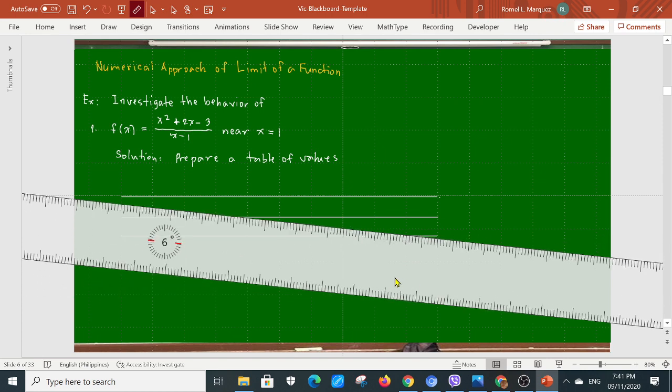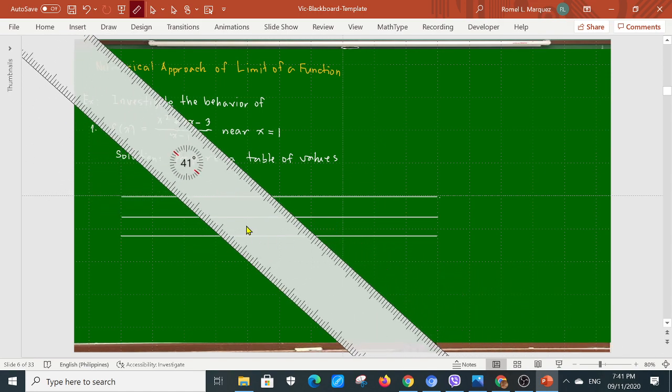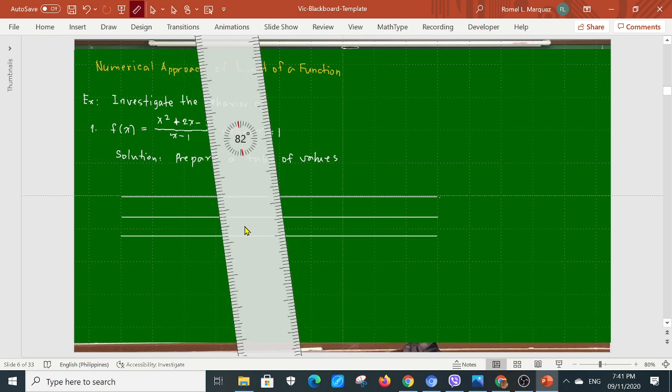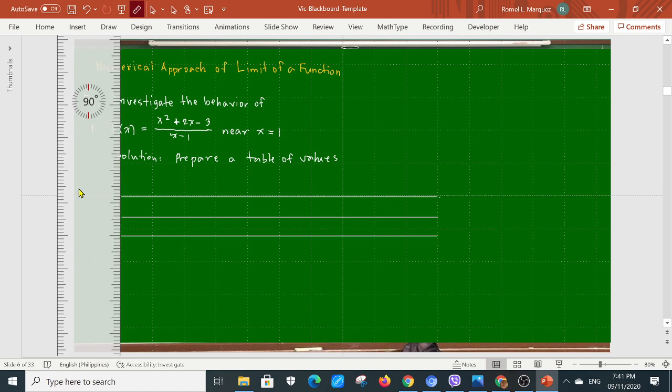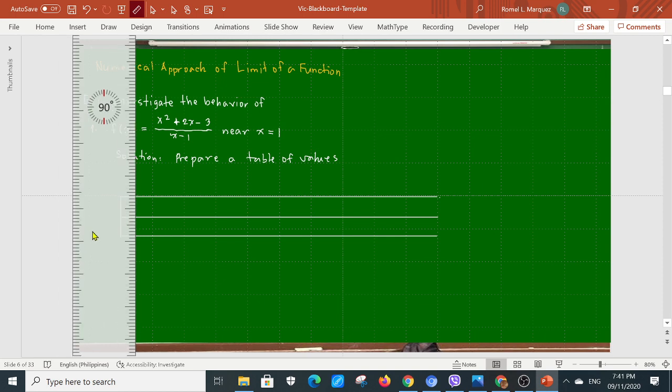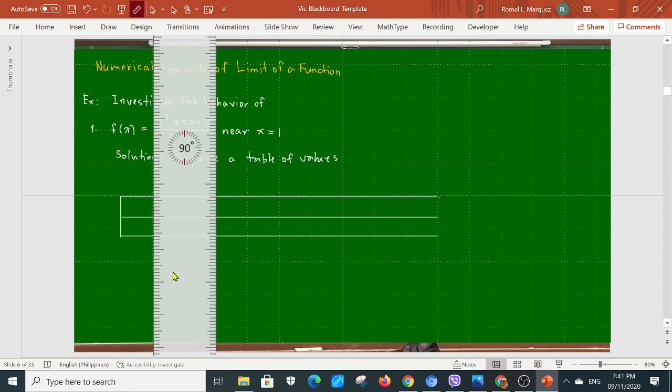I'll be copying this table for the next problem so that I'm not going to make one anymore. I think I can have two immediately.